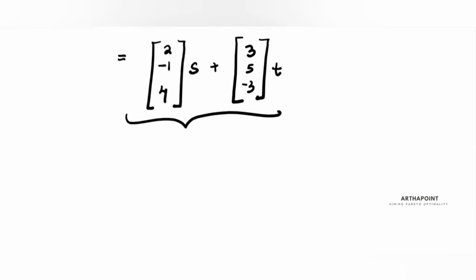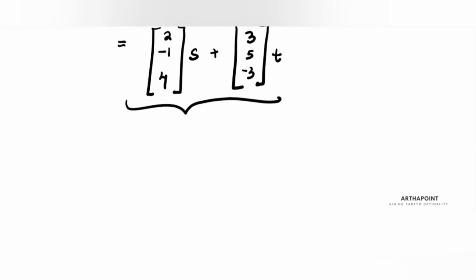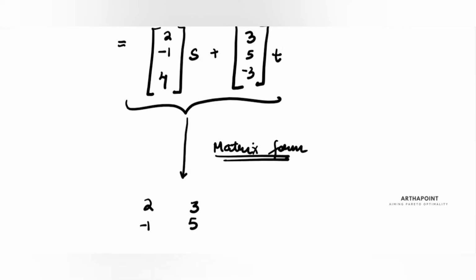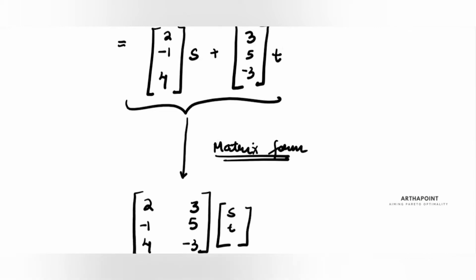Now, just one more thing that I want to highlight here. I can also write this vector form into a matrix form. And how can I do that? I can write it as the matrix with rows (2, 3), (minus 1, 5), (4, minus 3), and multiply it by (s, t).